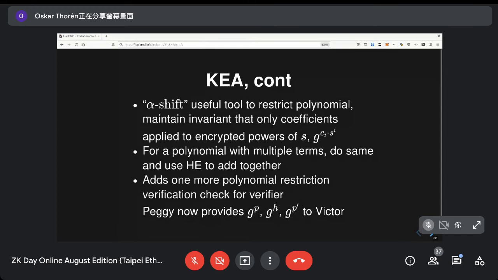This adds one more check for the verifier, called a polynomial restriction verification check. Previously, Peggy was providing g to the power of p and g to the power of h to Victor, but now she's also providing g to the power of p prime. So Victor can check that the polynomial is of the right form.